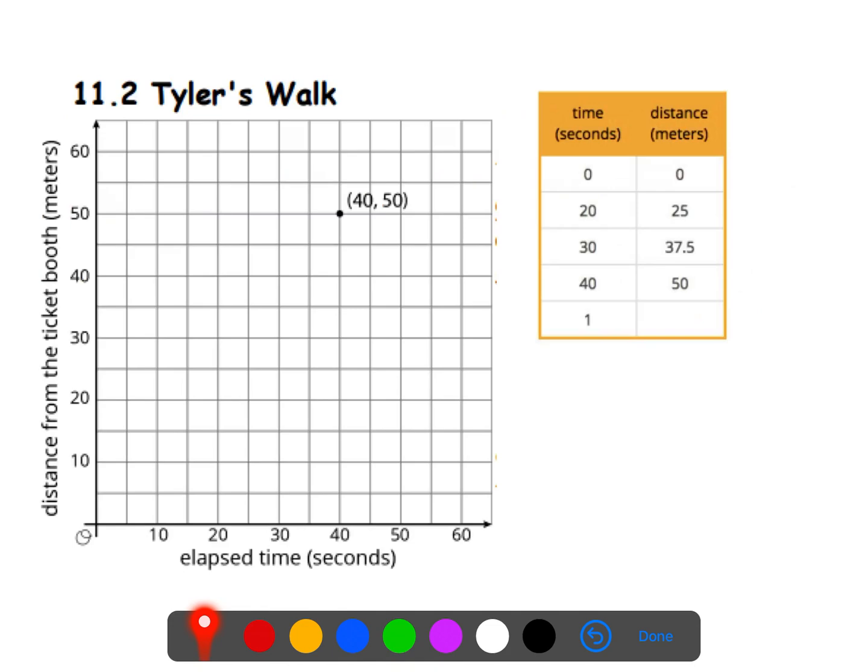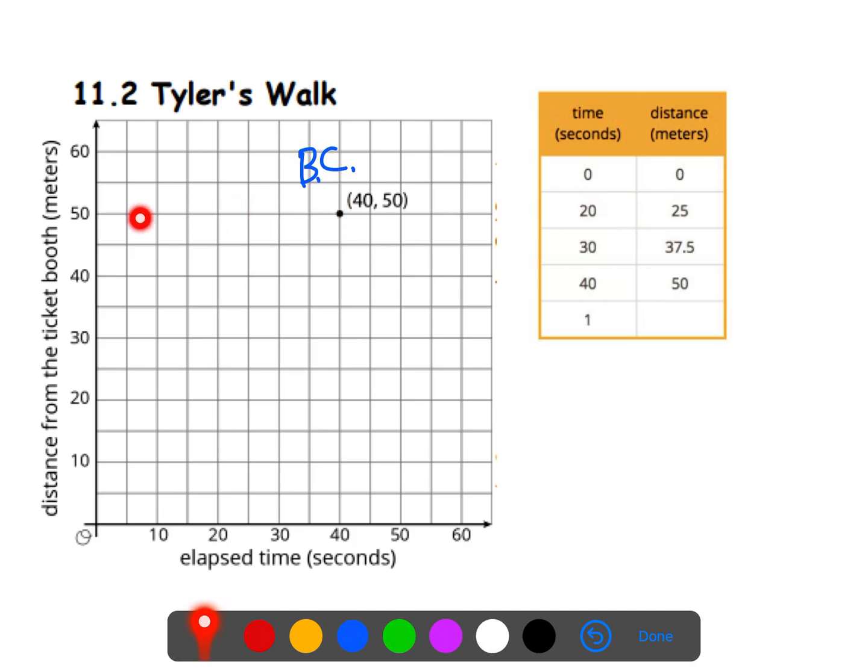And he's going from the ticket booth to the bumper cars. It says the point on the graph shows his arrival at the bumper cars. So this is his arrival at the bumper cars. Now, there's several questions that we need to look at. First, it wants to know what the coordinates of the point tell us about the situation. So we are told this is his arrival at the bumper cars.